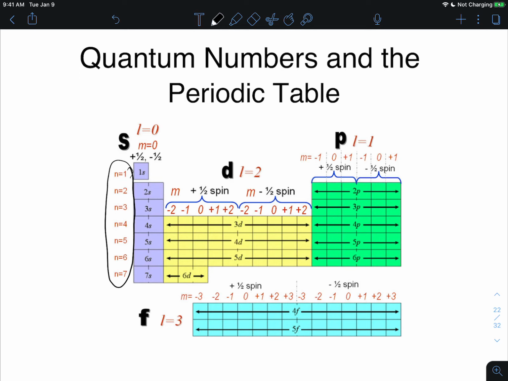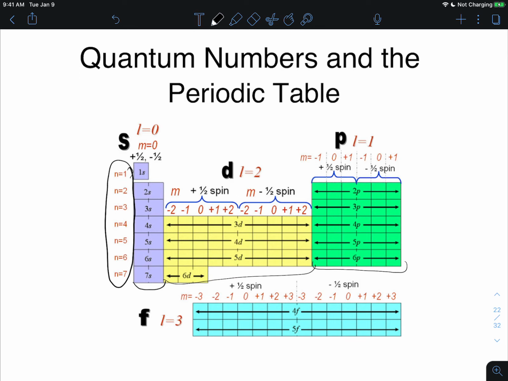Next is our L value. If we have our outermost electron in our first 2 rows, we would say that outermost electron is in an s orbital or s subshell. If we are over here in the green, our outermost electron is in a p subshell.